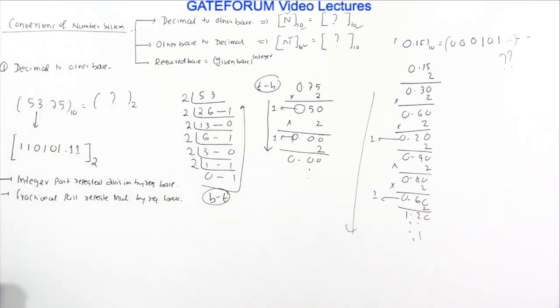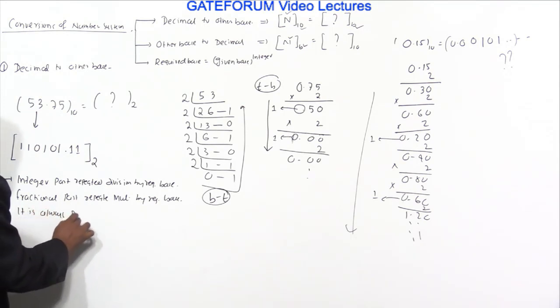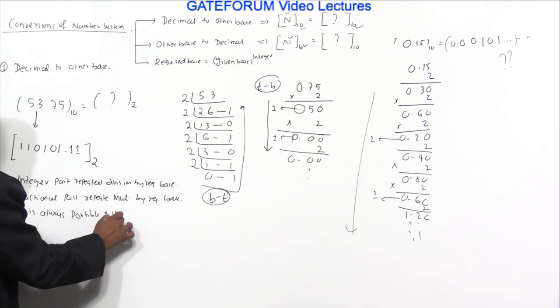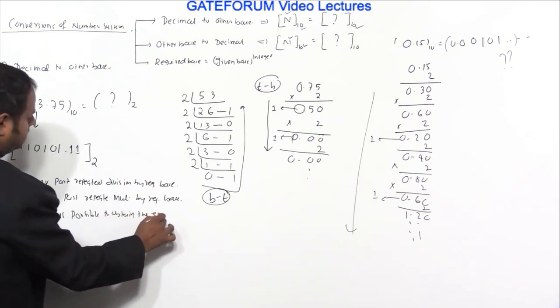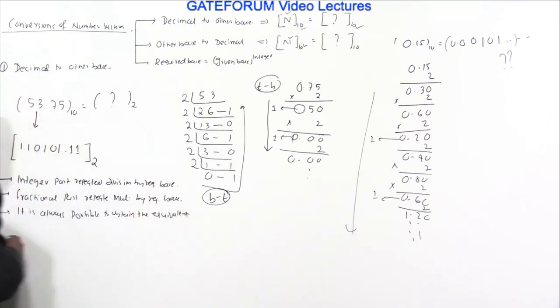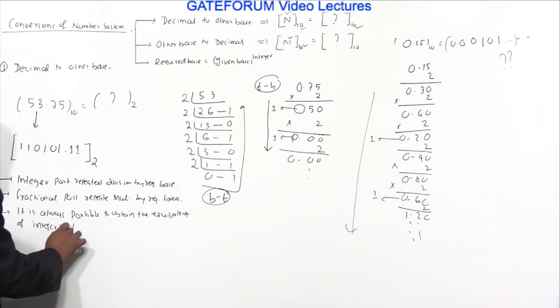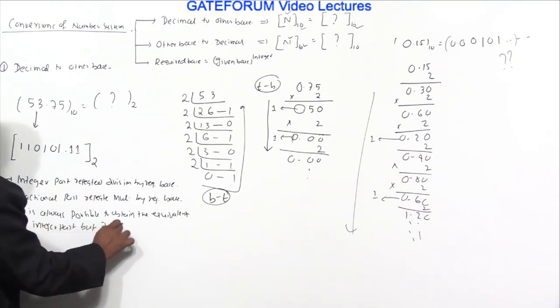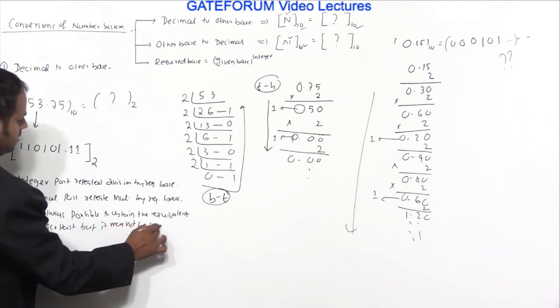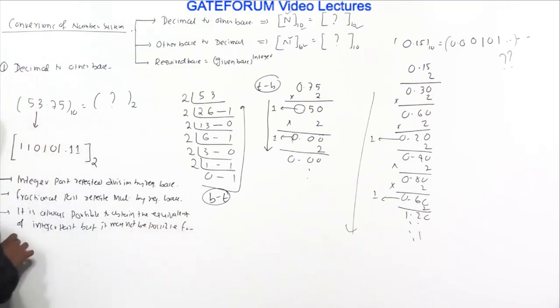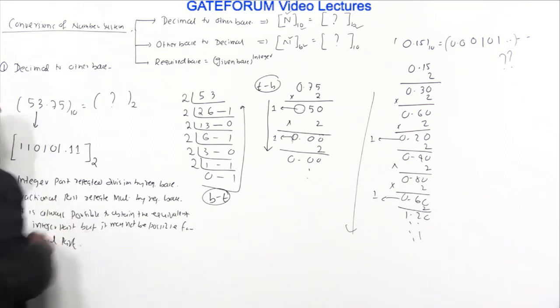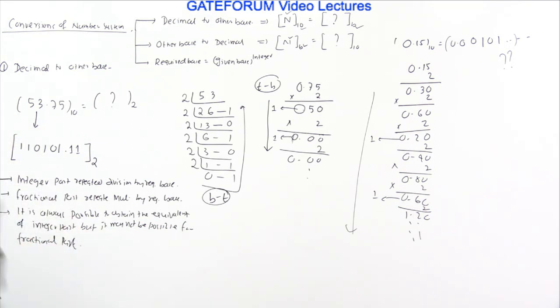One more point, it is always possible to obtain the equivalent of the integer part, but it may not be possible for the fractional part. Okay, this is what the conclusion is.